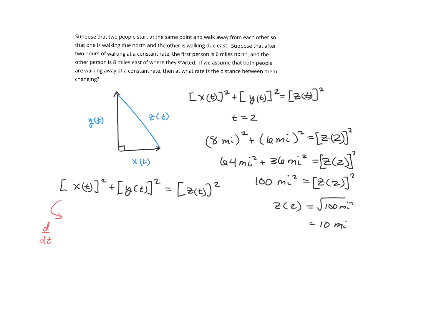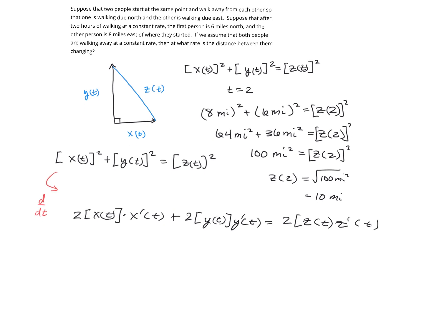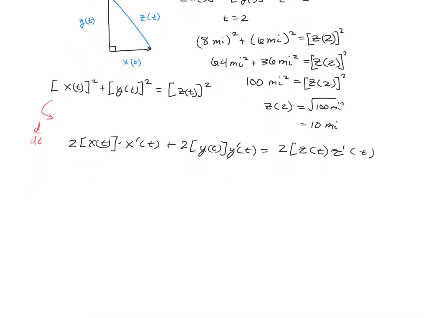So in doing so, using the chain rule, we're going to have 2 times x of t times the derivative of the inside, which is x prime of t, plus 2 times y of t times y prime of t, equals 2 times z of t times z prime of t.